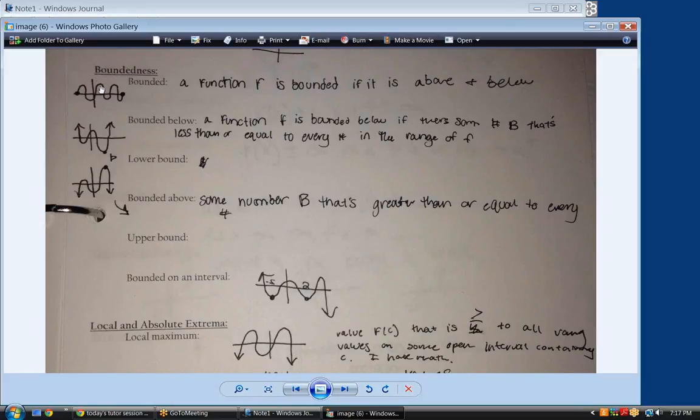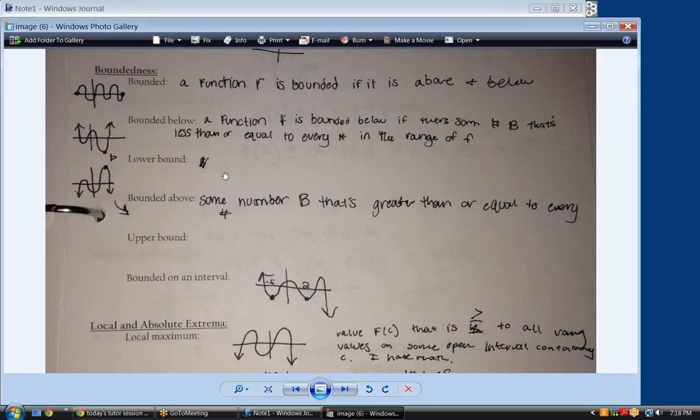Okay, here's a classic sinusoidal looking function. Notice there's no arrows at the ends. So I can definitely say that it's bounded above by this point and bounded below by those points, whatever is the lowest of those points. And when you talk about boundedness, you are talking about the y measurement, not the x.